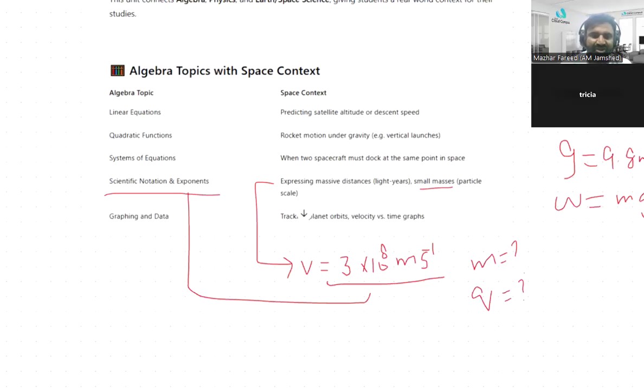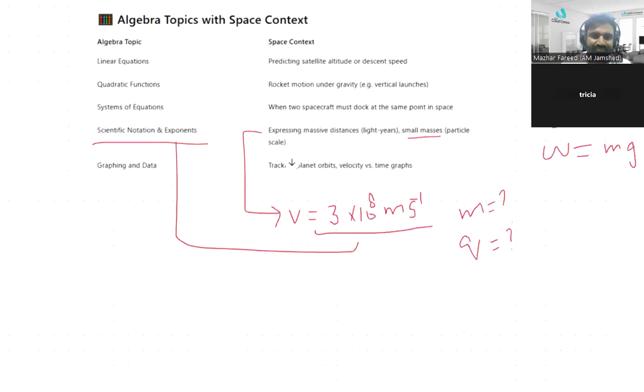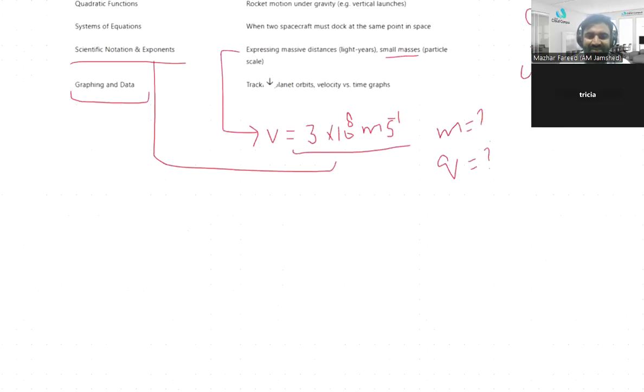And the next is graphing and data. If any object is present in space, you can find its graph and data. Graphing and data is helpful to track a planet, its orbit, velocity, and time graph. If you want to know at which speed an object is moving over time, you can draw a graph with velocity on the y-axis and time on the x-axis.